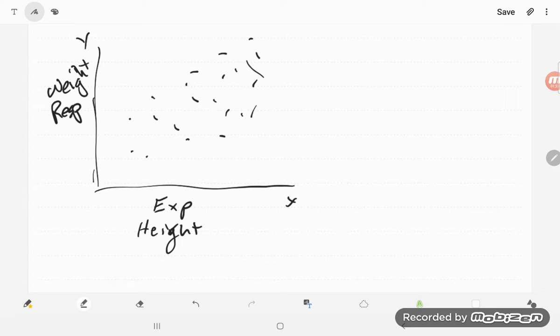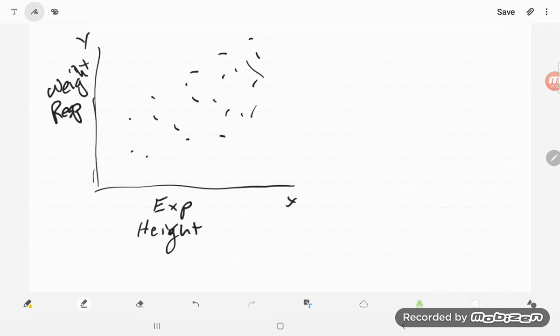Then we would probably expect as somebody gets taller, they get heavier. As somebody is heavier, you might expect them to be taller. So that would be our prediction usually.